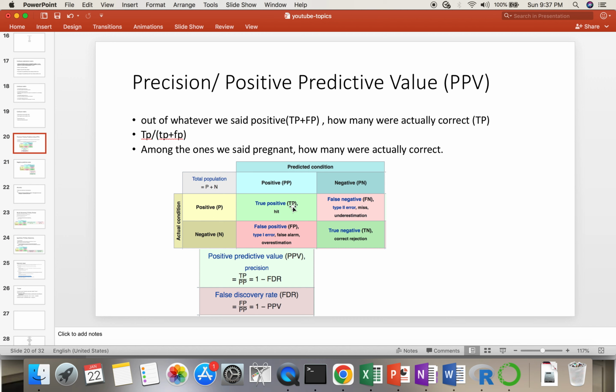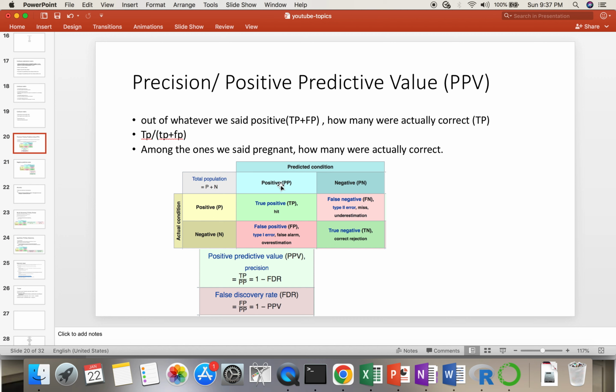So in this table, what is precision? Precision is, out of whatever we predicted as positive, that is the total, true positive plus false positive, how many were actually correct? The actually correct ones are the true positives.